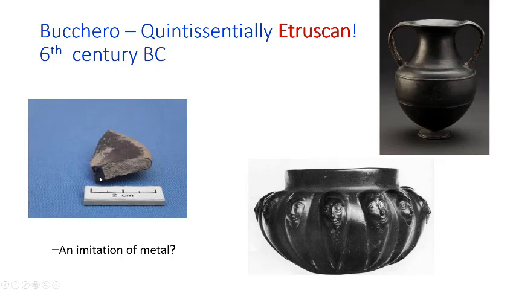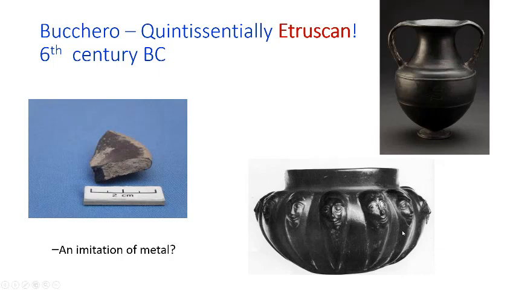And it's made of a very fine clay, and it has a smooth surface that they burnish to the point that it shines with a sheen. These two examples to the right are examples of bucchero pottery. We think that one of the things they were trying to do was potentially attain this sort of shiny semblance of metal, perhaps as a cheaper version that has the same shiny effect.